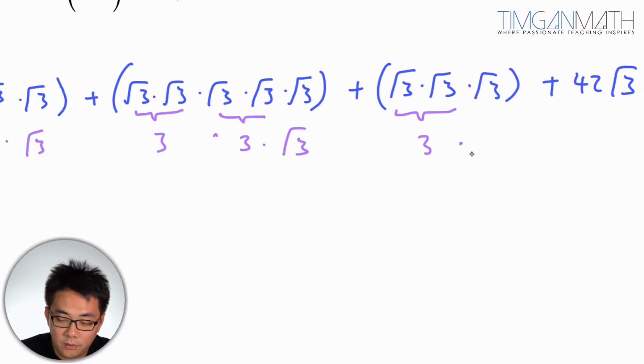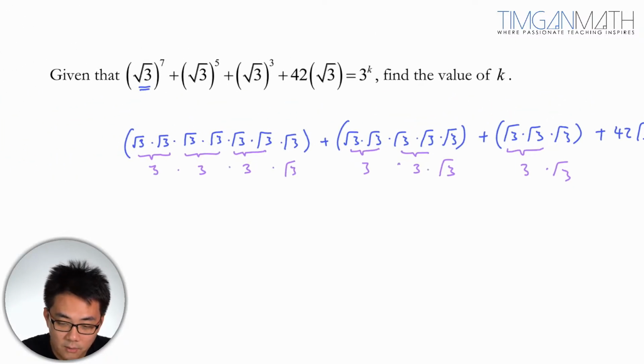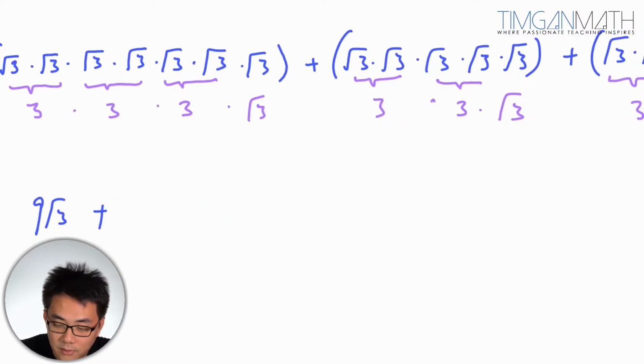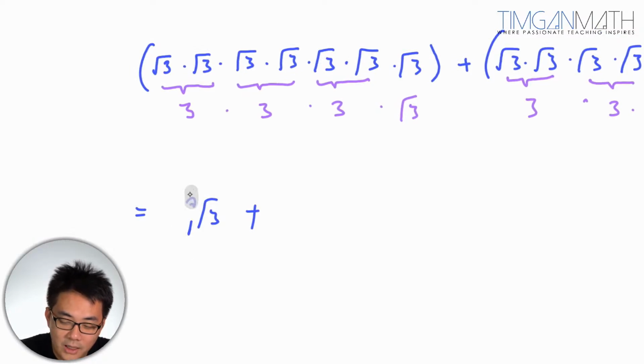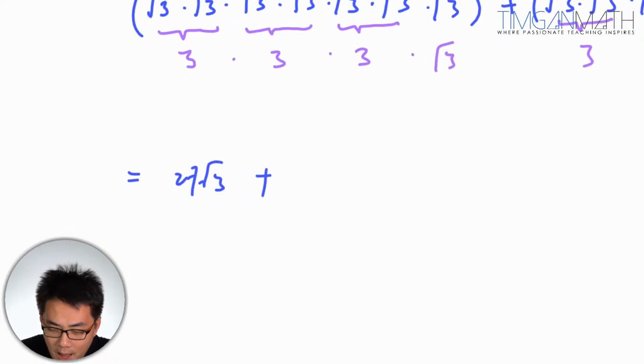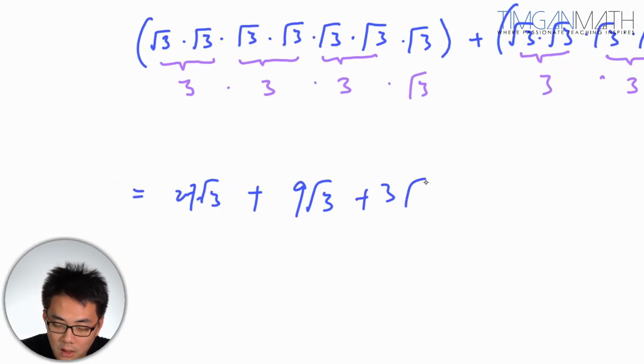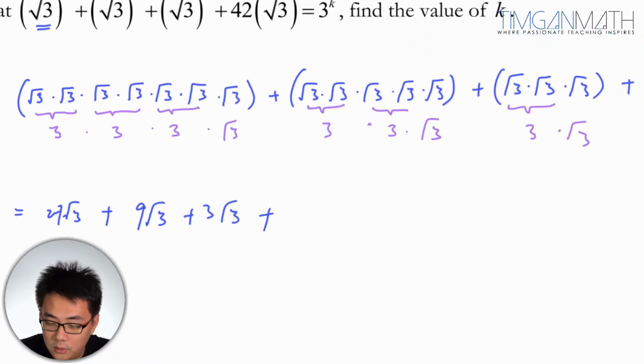Then I'm going to write 3 times 3, which is 9, so 9 root 3, plus 3 times 9, which is 27 root 3, and then 9 root 3, then 3 root 3, and then 42 root 3.